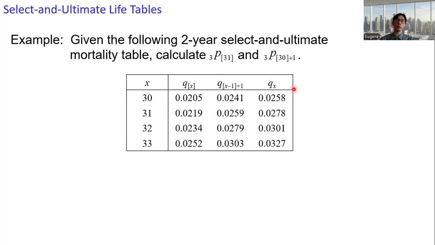That is, if you want to read off the table with a select age, say x equals 30, start with q[30], and then 1 year later, this will be q[30]+1. Then you go diagonally down to the right. And then reaching the ultimate part, go diagonally to the right as well, to the next column, to get q32. So we have q[30], q[30]+1, and then q32.